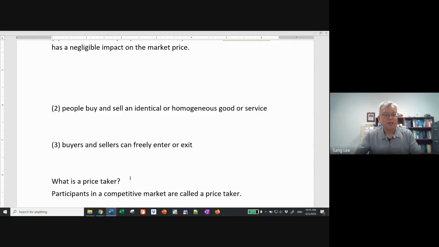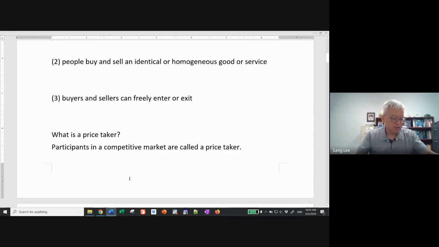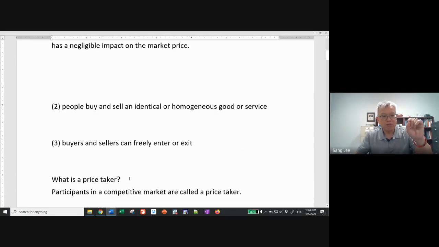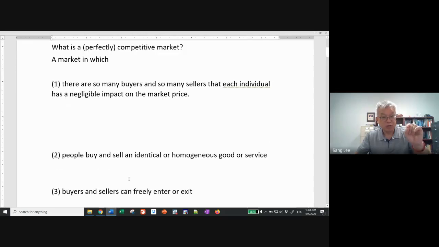Okay. And then what is a price taker? Price taker means participants in a perfectly competitive market, that means buyers and sellers all together, are called price takers. So now go back to the first condition that needs to be met for the market to be perfectly competitive.